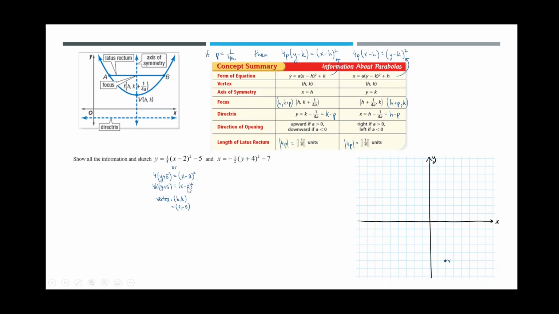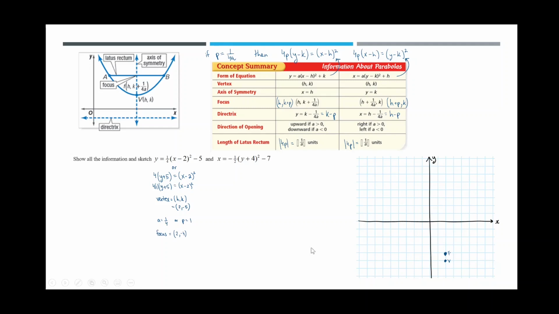So if here we have x minus 2, that means it's 2 for the x coordinate. And then y, double negative 5 here to create that plus sign. So the y coordinate of the vertex is negative 5. So then, as I already mentioned, a would be 1/4 if you're looking over here, or p would be equal to 1, whichever way you prefer.